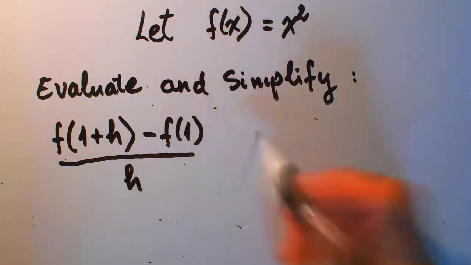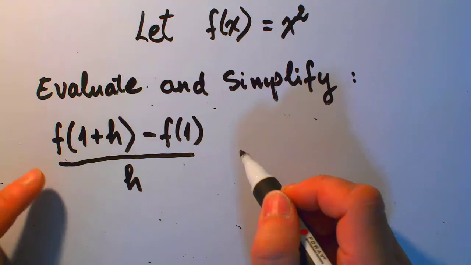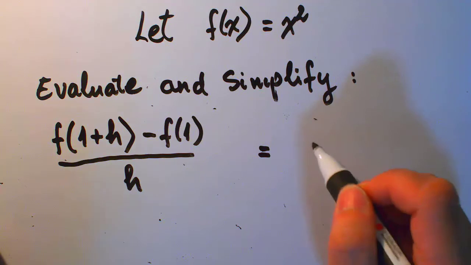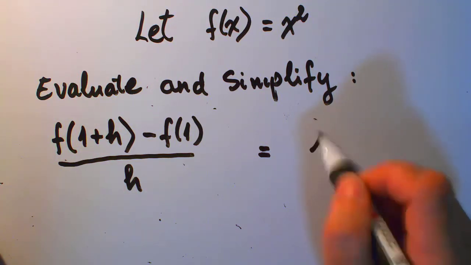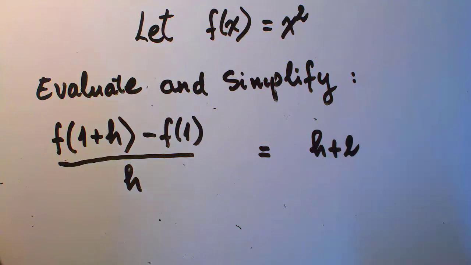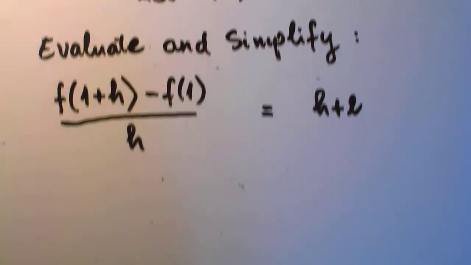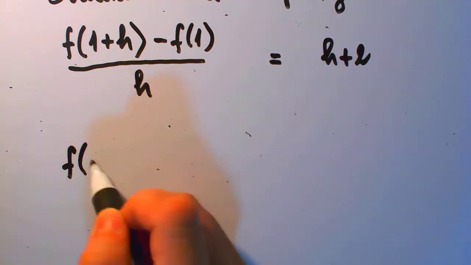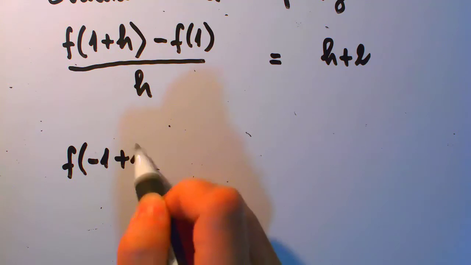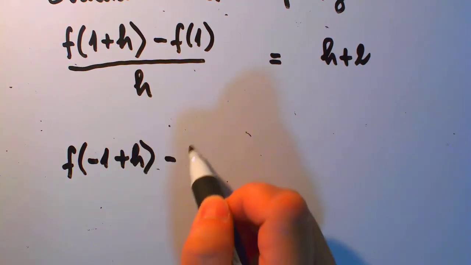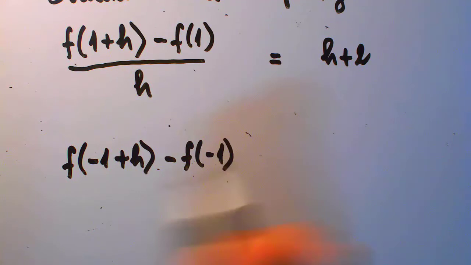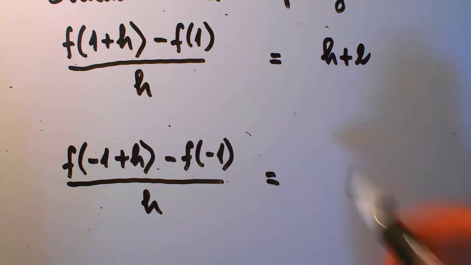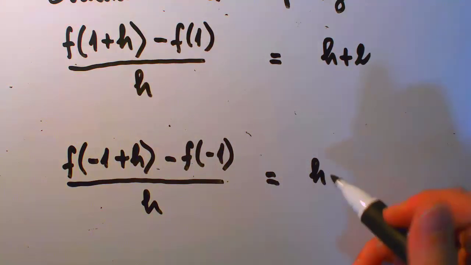We don't need to repeat the work, but let's look at our conclusion: that simplified final answer was h plus 2. The next one we did was f of negative 1 plus h minus f of negative 1 over h. We got our answer for this problem being h minus 2.